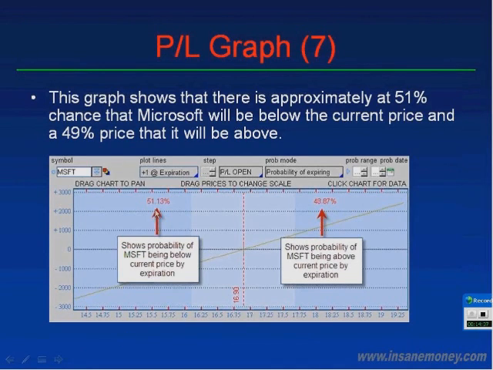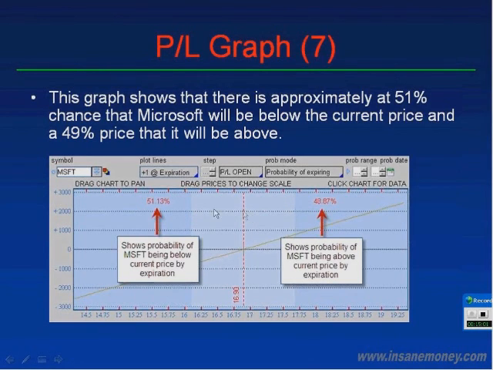These numbers up here show the probability, and we're going to spend a lot of time on probability in a couple of weeks, of Microsoft being below the live price by expiration or above the live price by expiration. Notice that these are approximations, right?